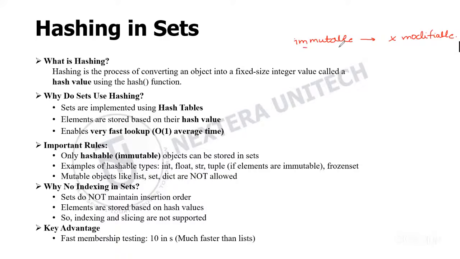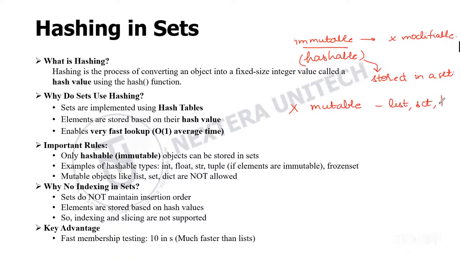So only immutable, hashable objects can be stored in a set. You cannot store mutable objects like a list, another set, or a dictionary, because mutable means it is modifiable, right? So you can modify the values.